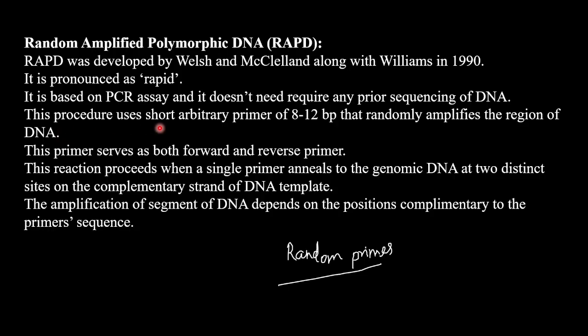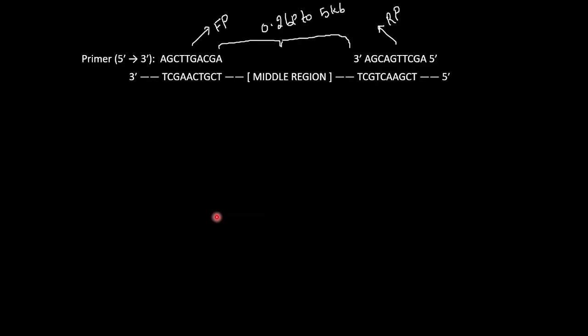This procedure uses short primer sequences of 8 to 12 base pairs that randomly amplify regions of DNA. This primer serves as both forward and reverse primer. The reaction proceeds when a single primer anneals to the complementary strand of the DNA template. The amplification of a segment of DNA depends on the positions complementary to the primer sequences. So only the middle region is going to be amplified.